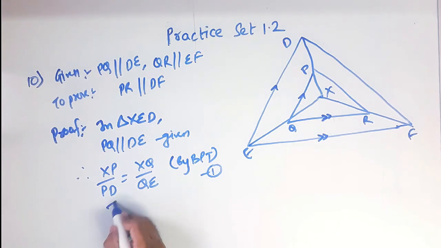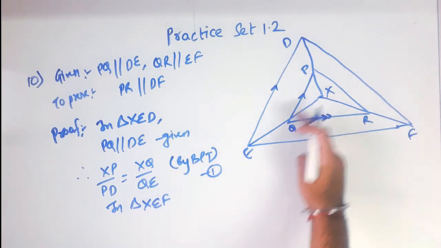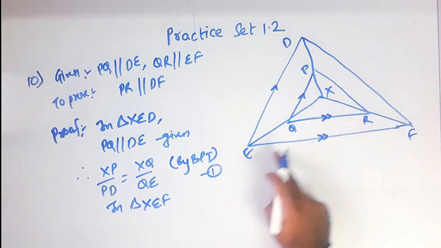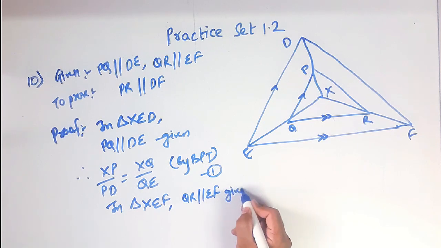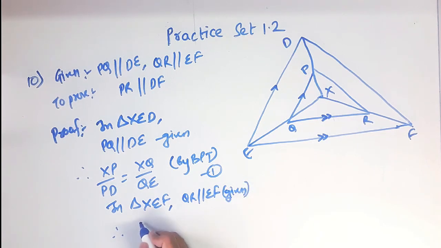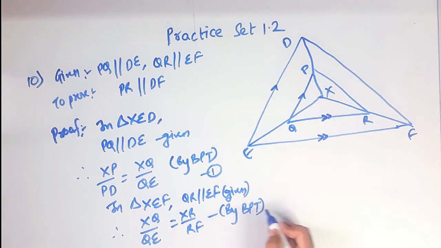Similarly, in triangle XEF, QR is parallel to EF. This is given. Therefore, I can write XQ upon QE equals XR upon RF. This is also by BPT, and this is point number 2.